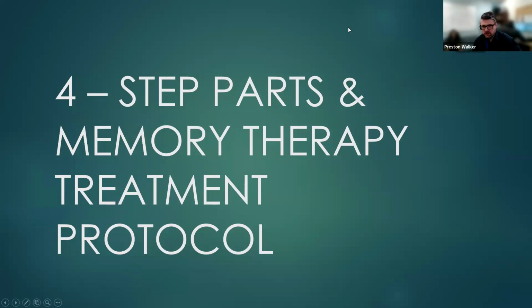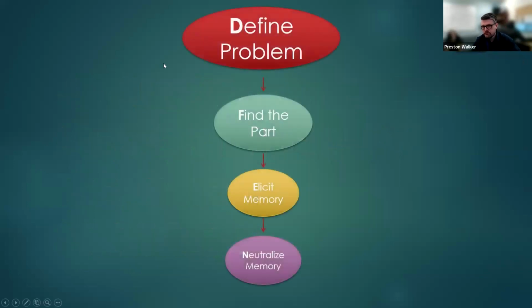So moving on to how parts memory therapy, how do we do it? It's fairly simple. I call it DFAN, kind of like defense, just as an acronym to remember. We define the problem.